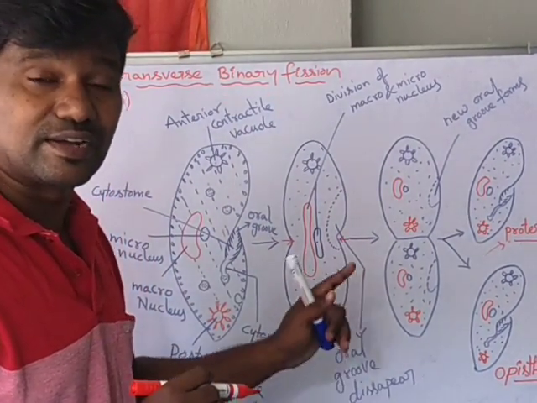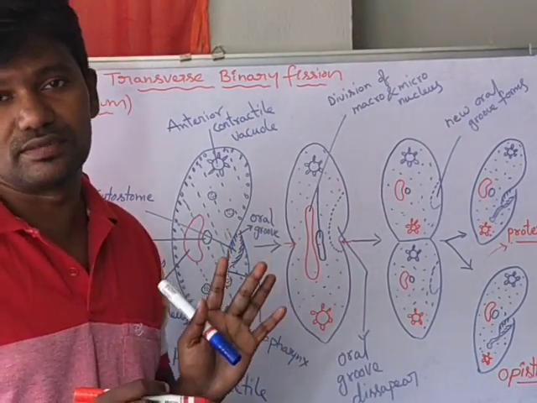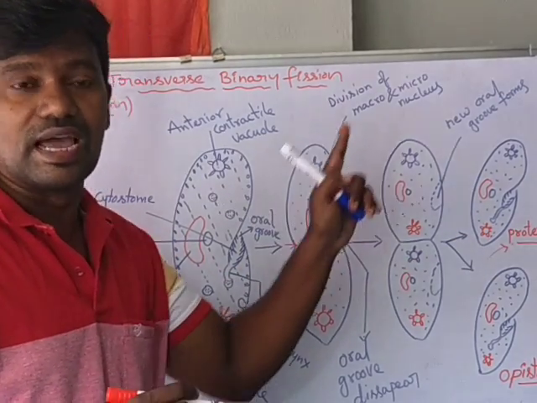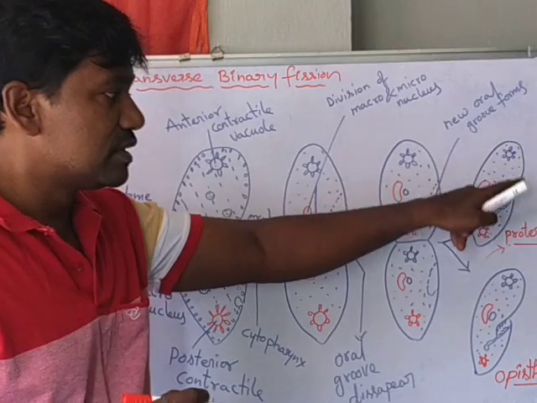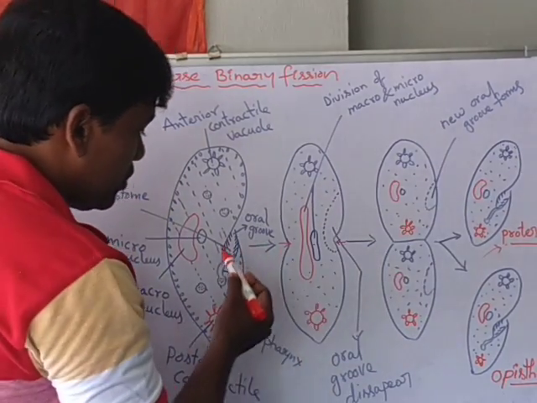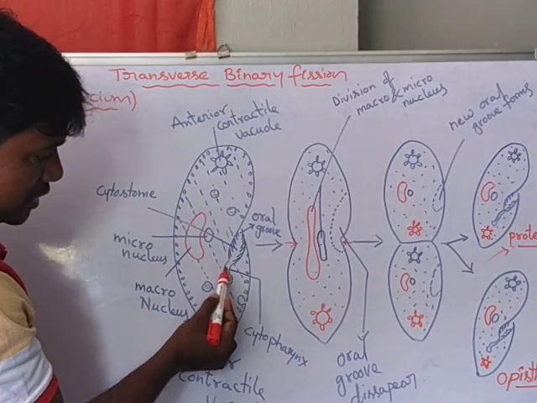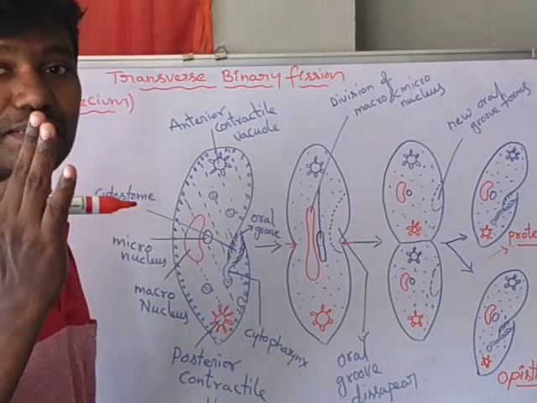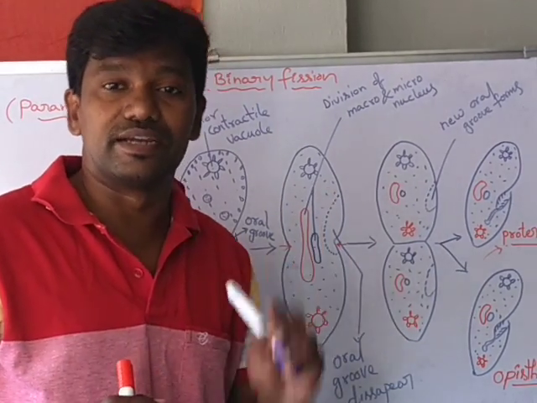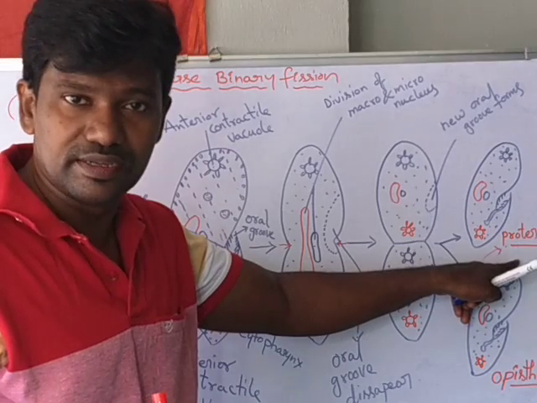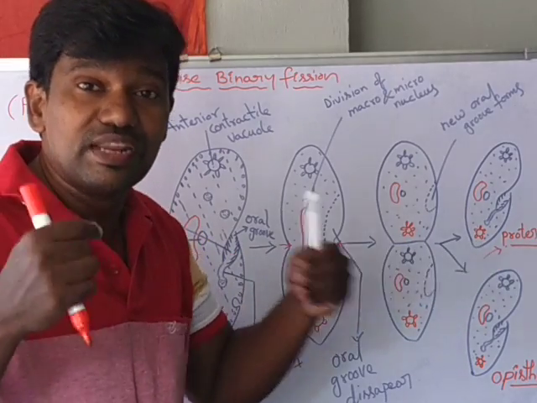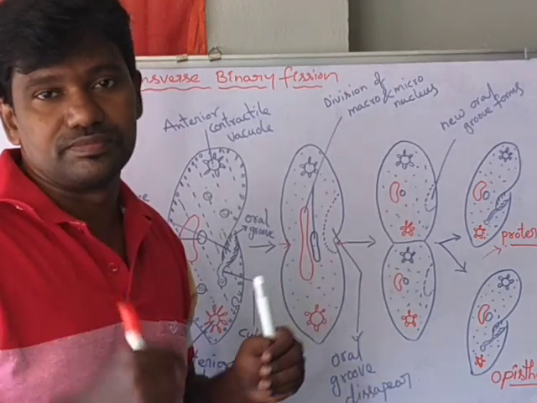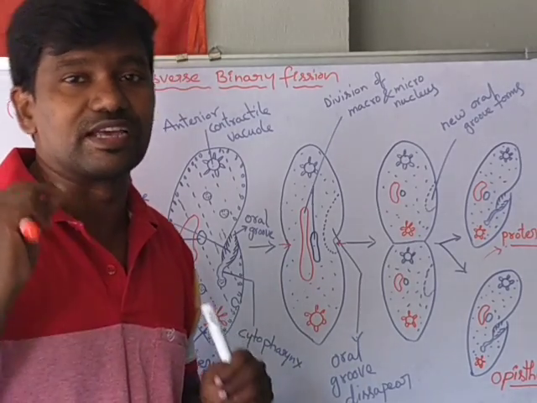And also the cytostome and cytopharynx. So the proter receives from the parent the anterior contractile vacuole, cytopharynx and cytostome. These three parts are received from the parent. But it newly forms an oral groove and a posterior contractile vacuole.